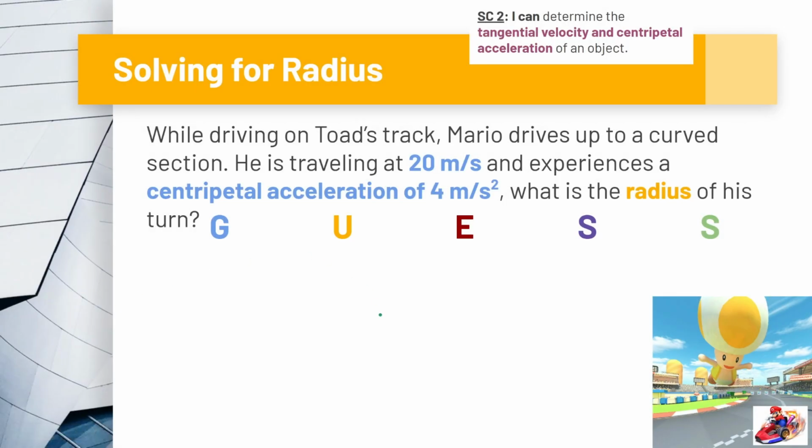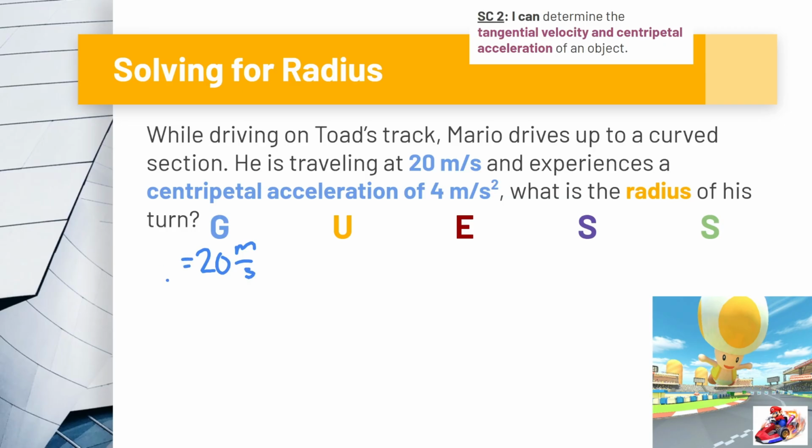And last type of question you may see related to this topic is something like this. While driving on Toad's track, Mario drives up to a curved section. He is traveling at 20 meters per second and experiences a centripetal acceleration of 4 meters per second squared. What is the radius of his turn? All right. So our given values, we have 20 meters per second.